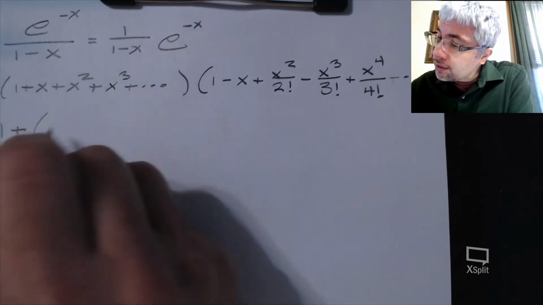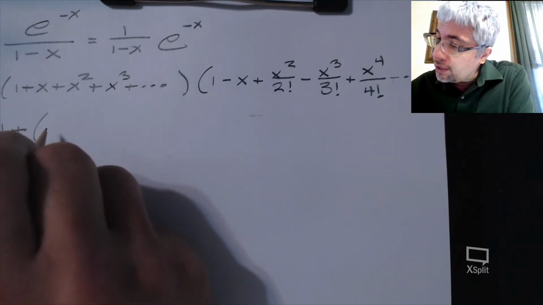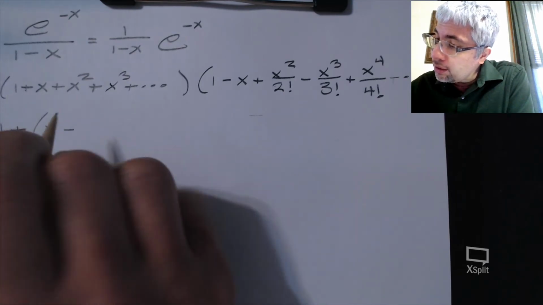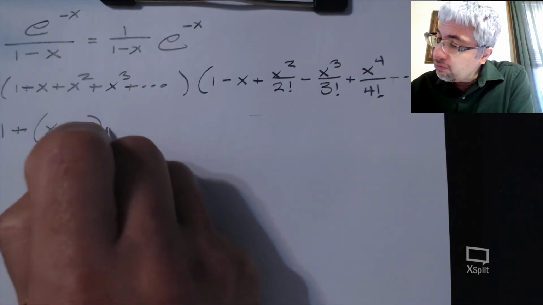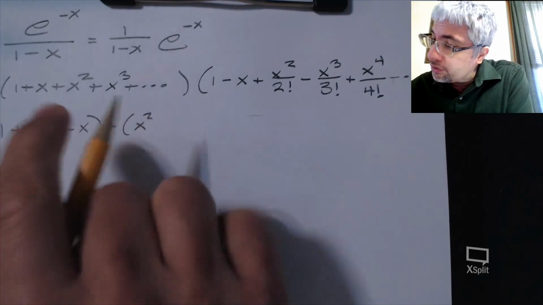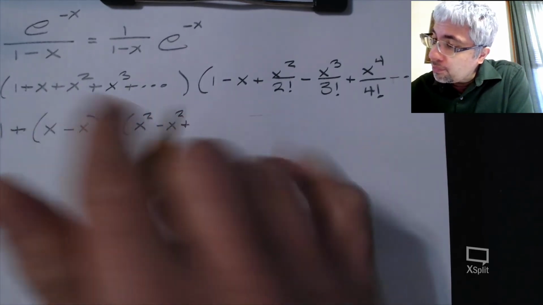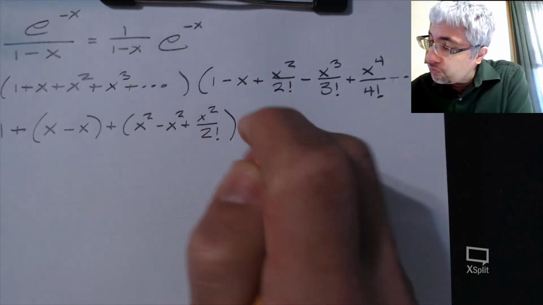So let's write it as x minus x for now. Okay, now for the next one, I'm going to write this as x squared minus x squared plus x squared over 2 factorial.